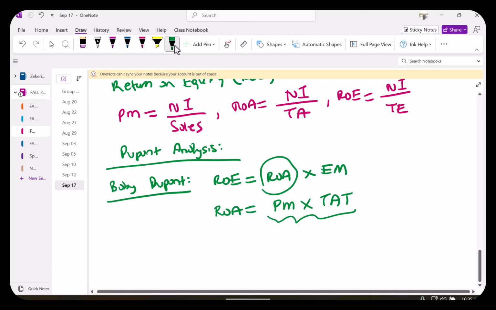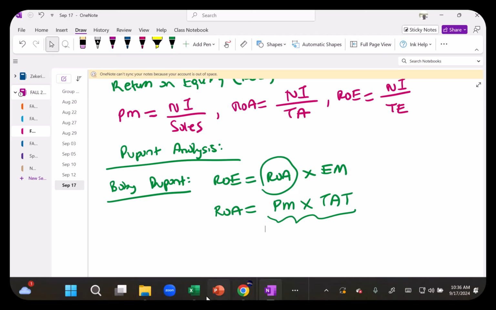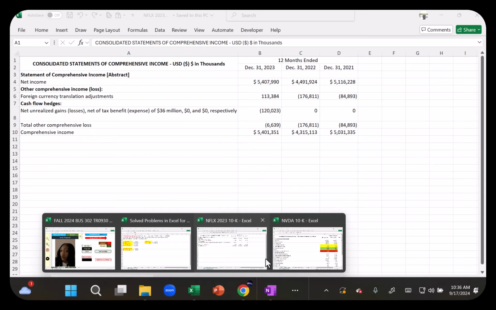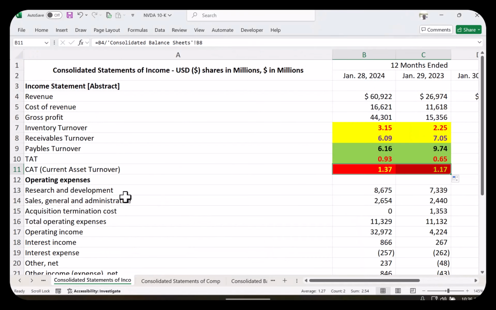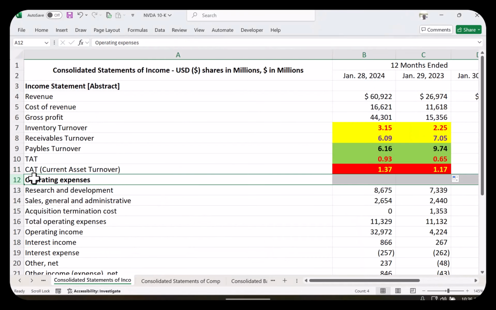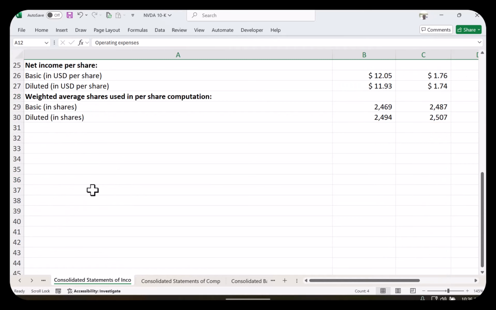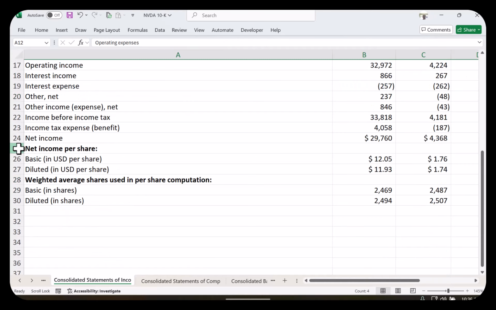A firm may have a return on assets that's high, and I'd like to know why. Is it because they can use their capital efficiently, or they make a lot of money per dollar of sales, or both? For example, let's calculate the return on assets for NVIDIA, which you know is going to be a high number.